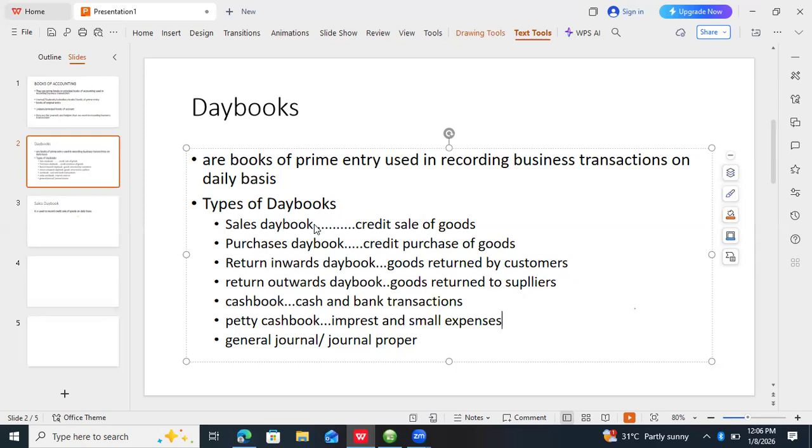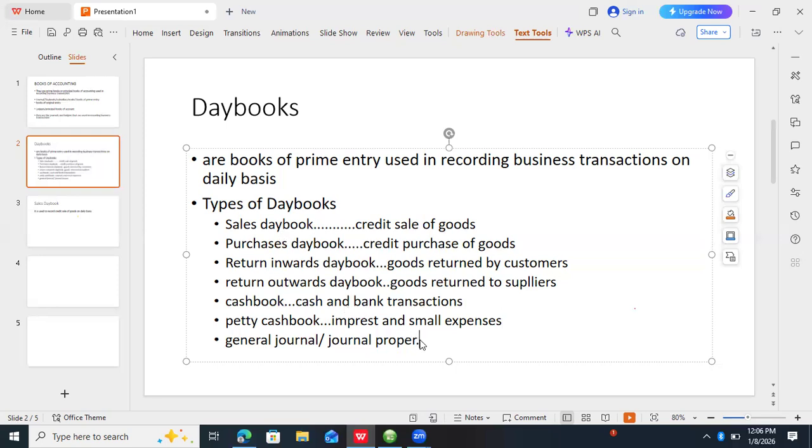In fact, those small expenses are expenses that are difficult for you to get a receipt. Example, you take a trotro and you ask the mate to give you a receipt for the transport. That would be insane, right? So small expenses are those petty things for which it is difficult to get a receipt, and the amount involved is very, very small or insignificant like that. Okay.